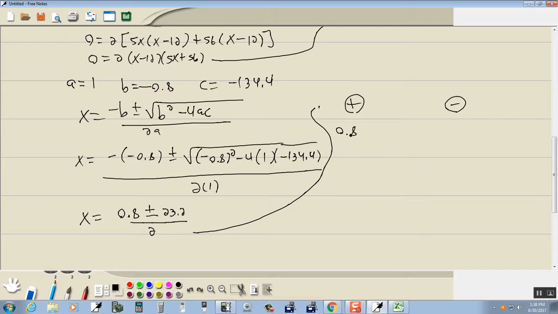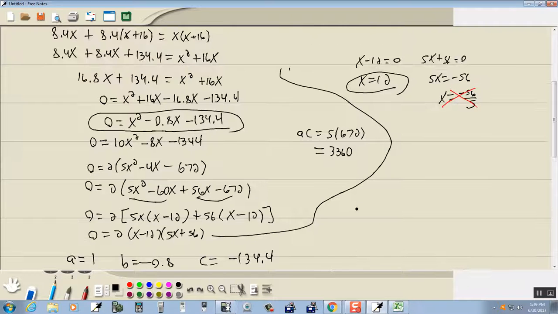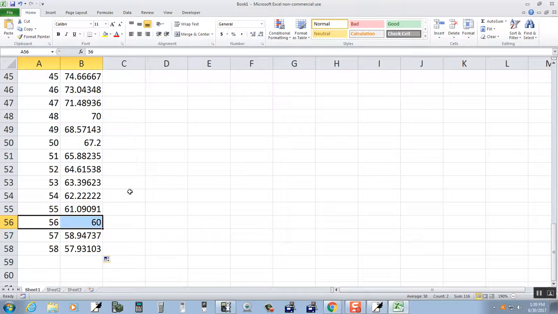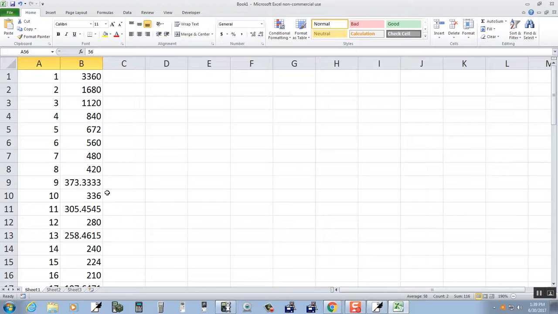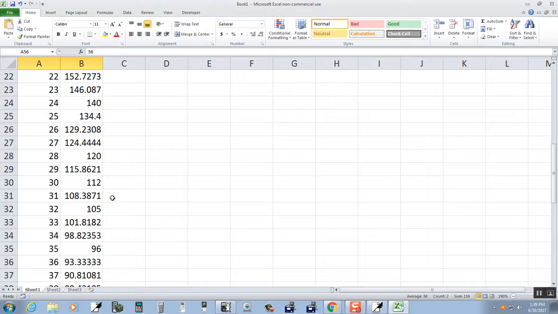So we're going to have 0.8 plus 23.2 over 2, which gives us 24 over 2, which gives us 12. This one will give us 0.8 minus 23.2 over 2, and at some point you're going to realize it's going to give you a negative value, which you cannot have. So that's how you can get that 12 using the quadratic formula. And you can see it's a lot easier than creating a chart with all these different numbers and evaluating it. But anyway, that's how you solve that problem.